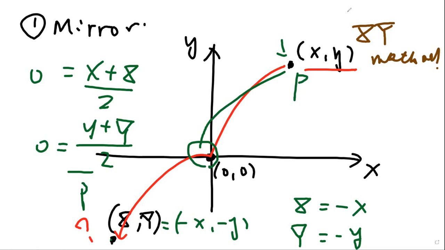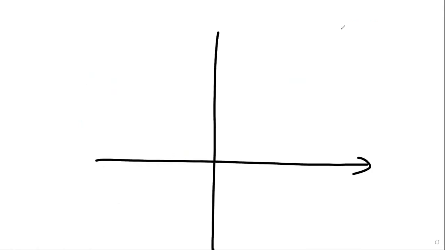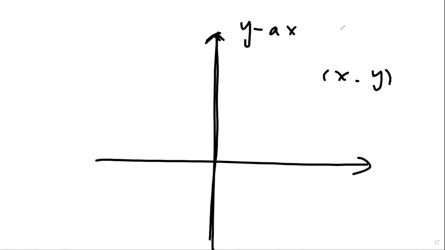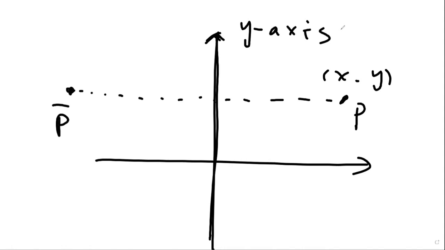Let's look at the second one. Let's assume that you have an xy point, and you mirror through the Y-axis. So your P is over here, and you mirror to the other point here, this P bar.